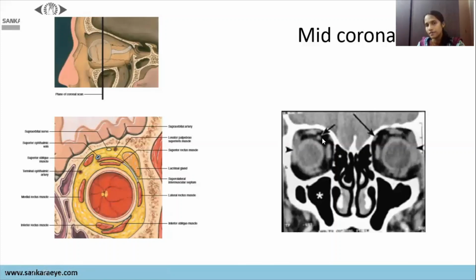And then you will see the superior ophthalmic vein, the superior oblique muscle, and then you will see adjacent to it the ethmoid sinus, and below you will see the maxillary sinus.